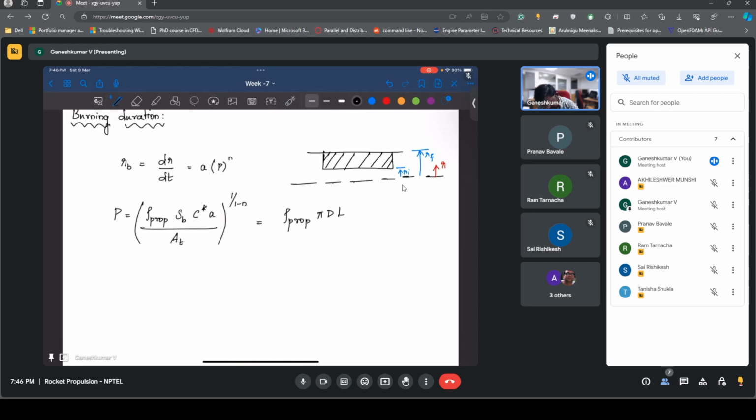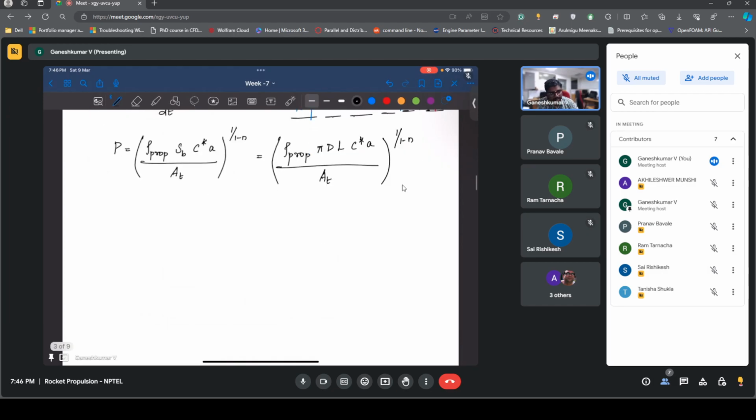And what is this d? You should be a little careful. At any instant of time, this is your radius, let me write it capital R, and the corresponding diameter is capital D, into C star into A divided by AT, whole power 1 by 1 minus n.